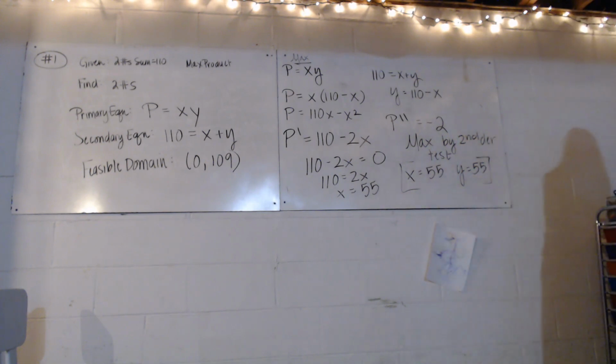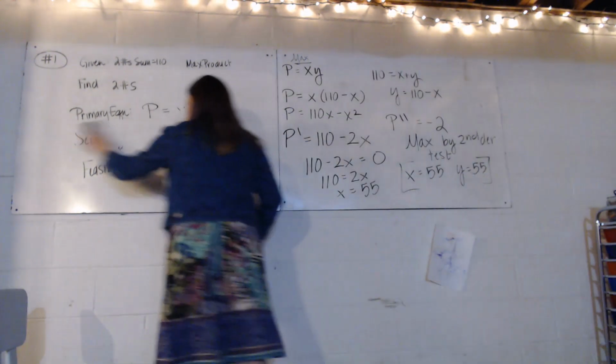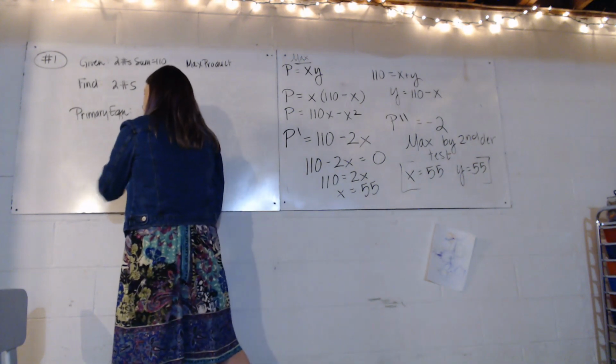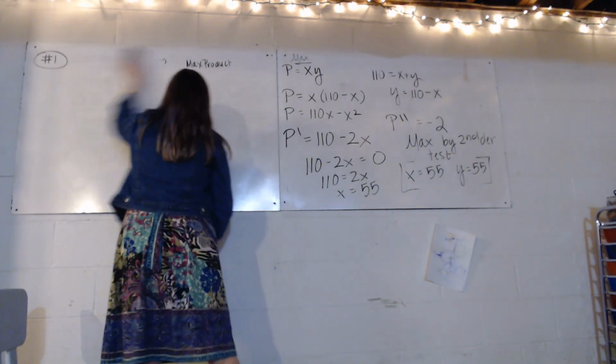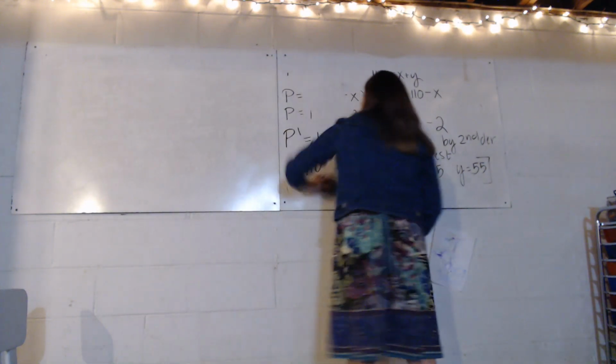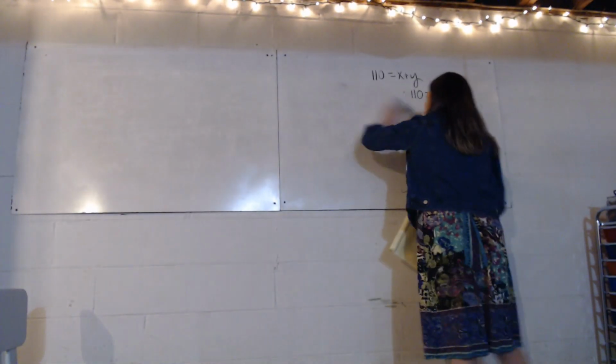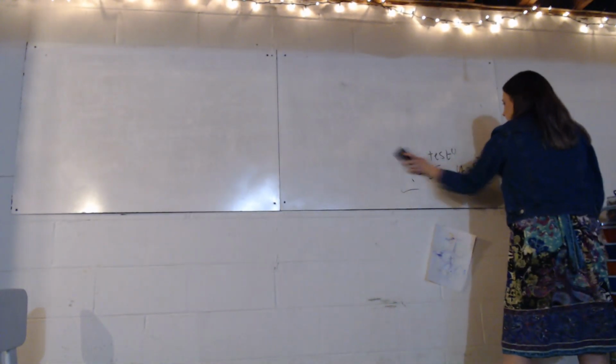Let me find my eraser. Okay. So the second problem had a square that was 24 inches on each side.